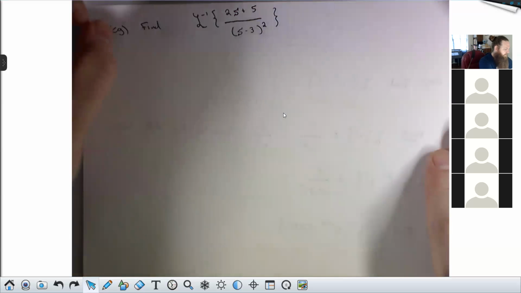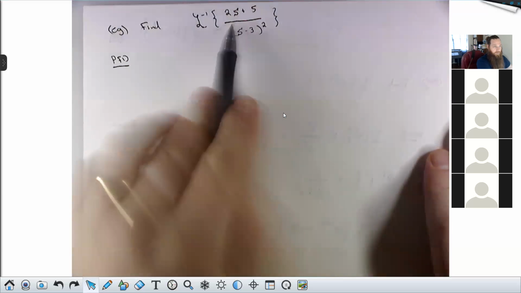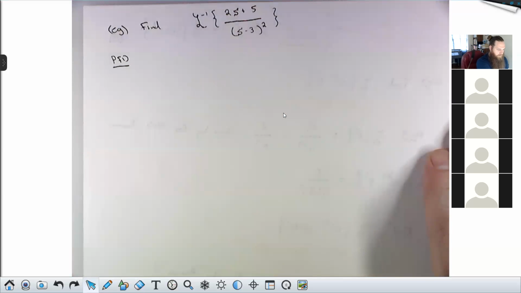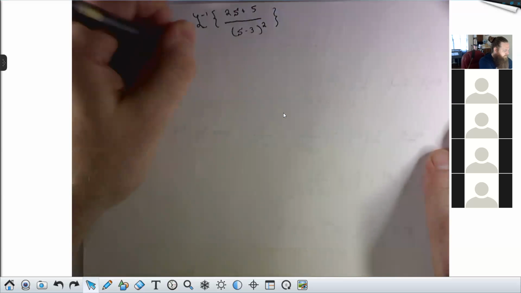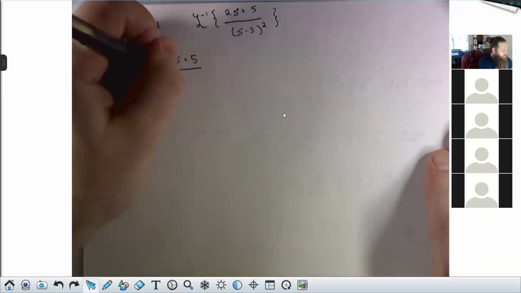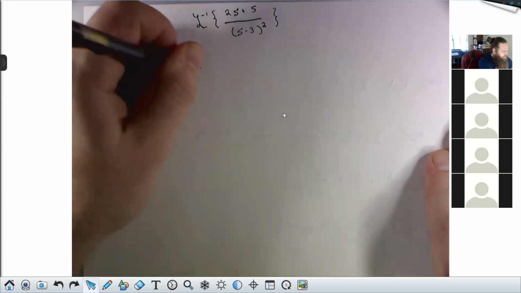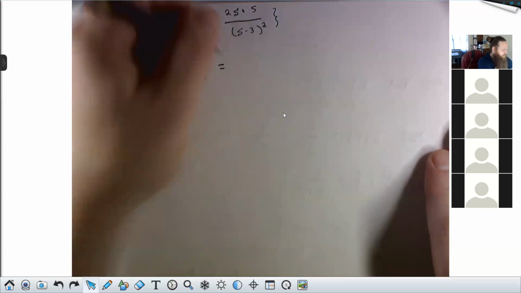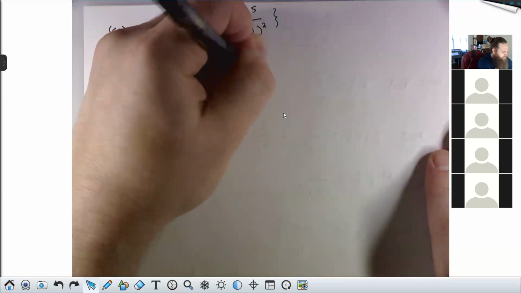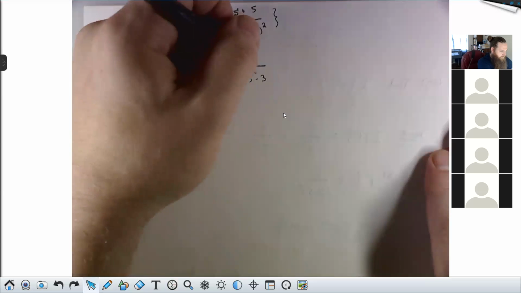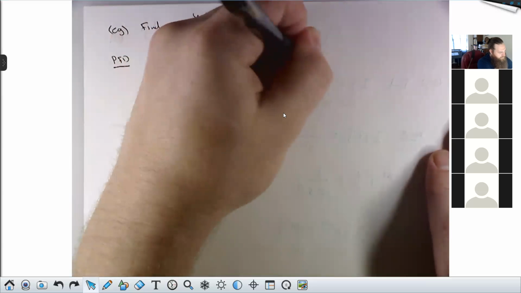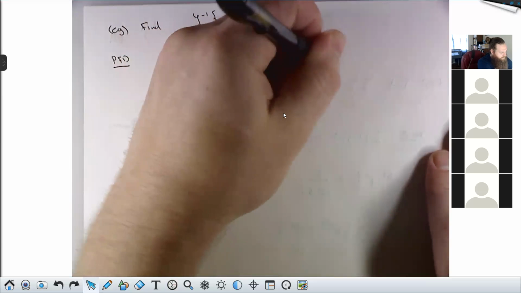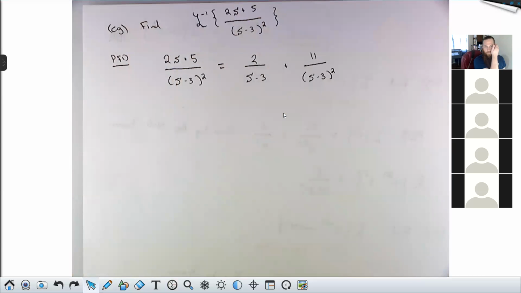So the PFD, the partial fraction decomposition on my F of s inside there, is going to tell me that 2s plus 5 over s minus 3 quantity squared can be written as 2 over s minus 3 plus 11 over s minus 3 quantity squared. That's the result.